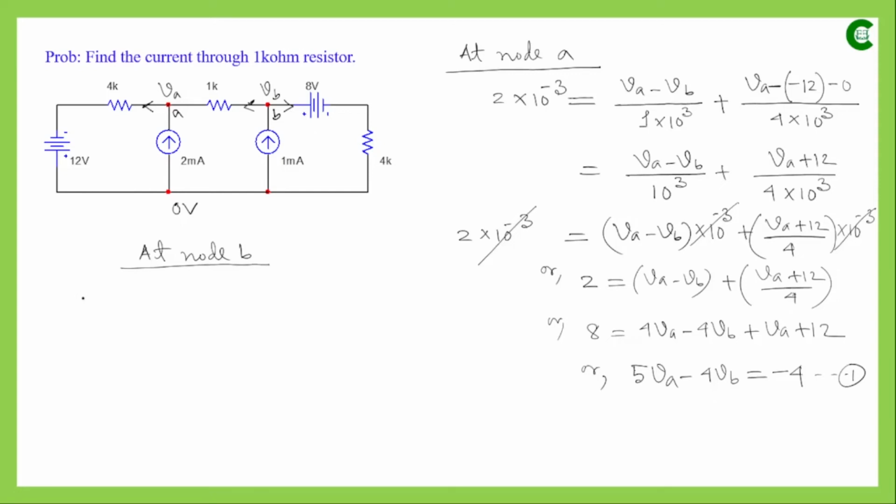First we will consider all the incoming currents, which this time is only one: 1 into 10 to the power minus 3, 1 milliampere, and the other two currents are outgoing currents. For this resistor, the current value will be the potential difference between those two points, VB minus VA, with respect to the direction of current that we assume, divided by 1 into 10 to the power 3.